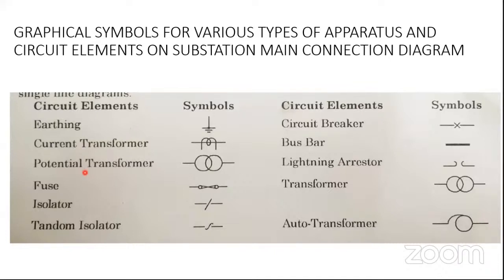The secondary of the potential transformer is connected to a voltmeter. So the load is very less. So CTs and PTs are very small in size. Potential transformers are often called PTs. And to represent a potential transformer, we use this symbol, a line, a circle intersected by another circle, and again a line.